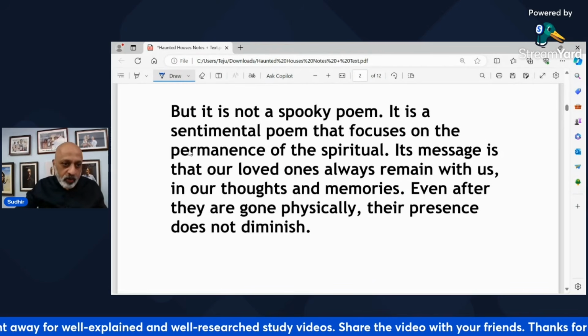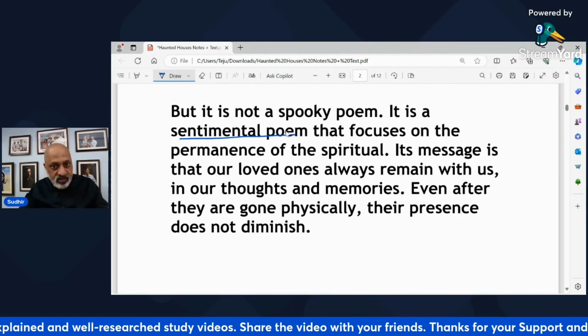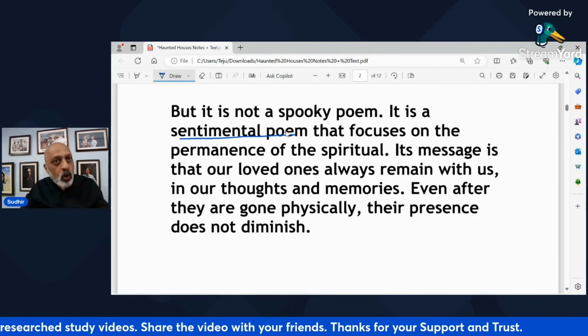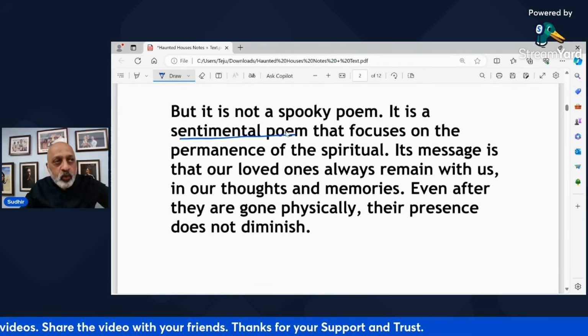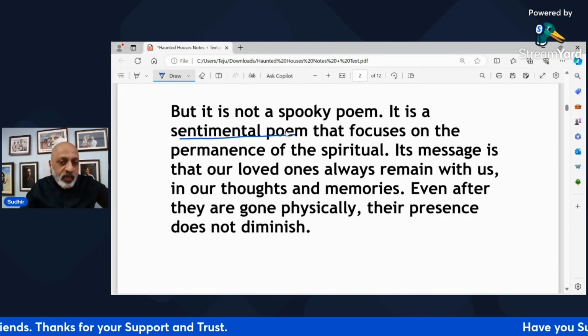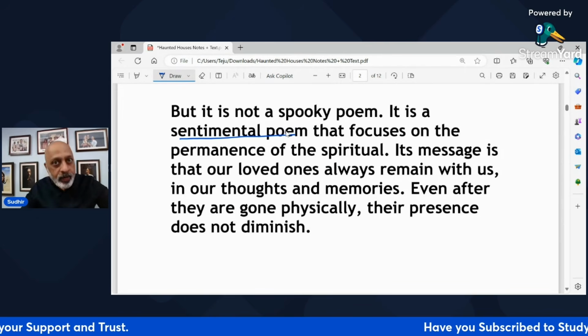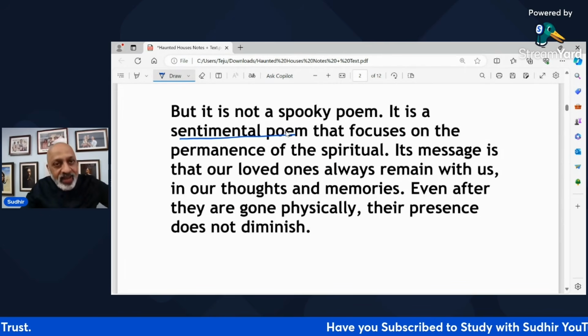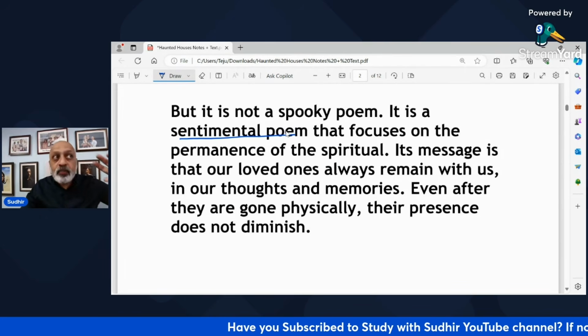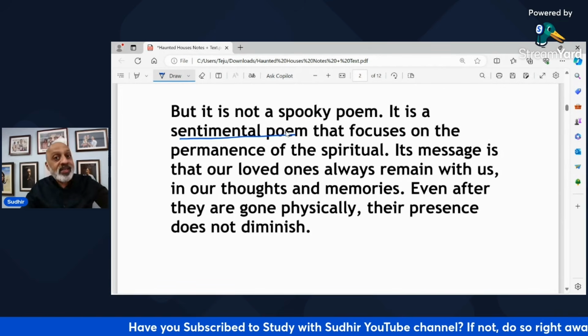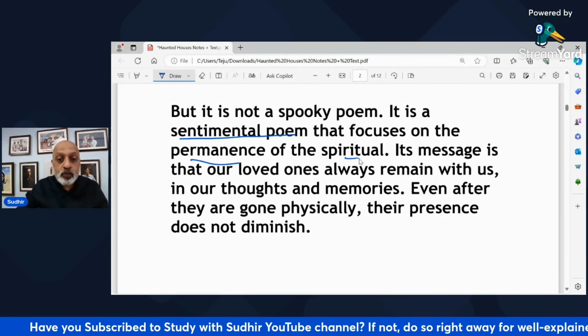Please use this particular word in your answer, that focuses on the fact that spiritual stuff or spiritual is also permanent. That just because somebody dies, it doesn't mean that that becomes temporary. There is also a sense of permanence of the spiritual.